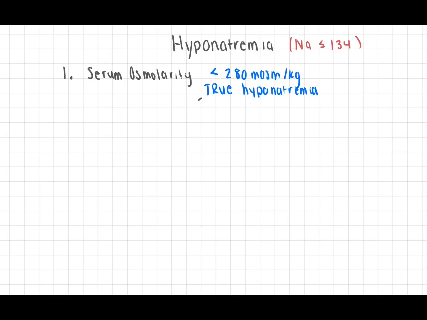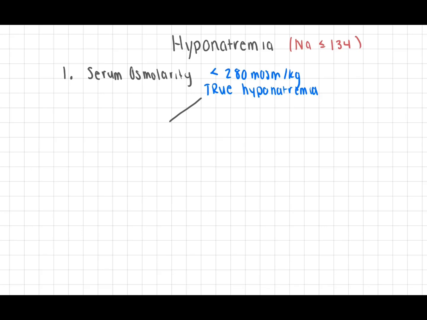Okay, so the very next step after you have determined that your patient is truly hyponatremic is to check a urine osmolarity. What this is going to tell you is whether the ability of the kidneys to dilute the urine is intact or not.